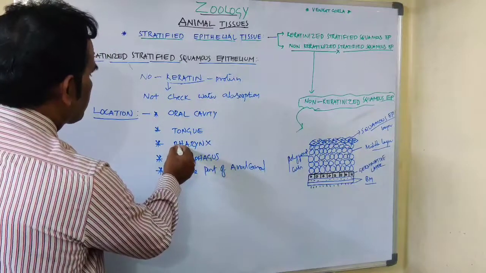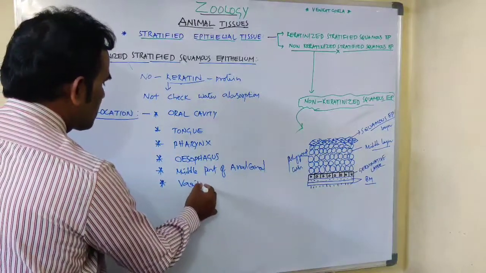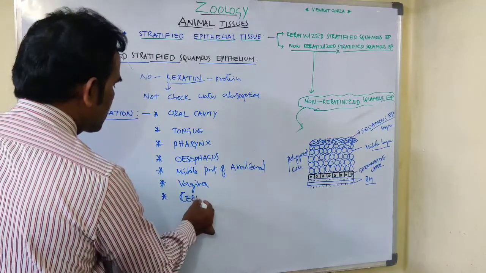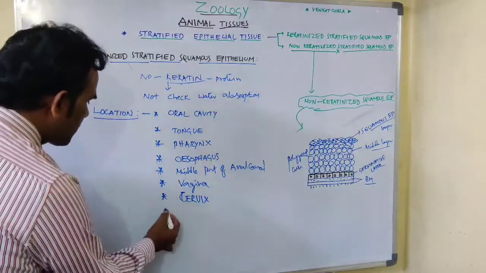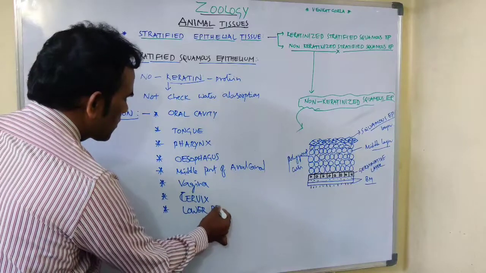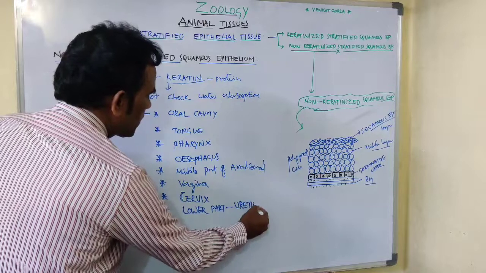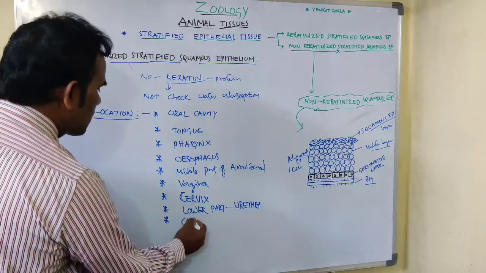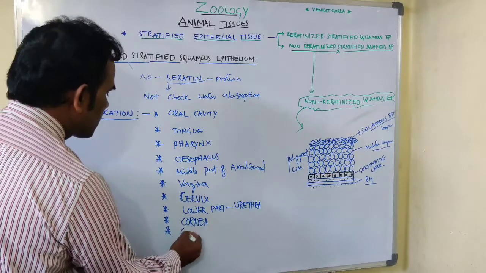It is also found in the vagina, cervix, the lower part of the uterus, and also the lower part of the urethra. A very important point is the cornea of the eye, cornea and conjunctiva.